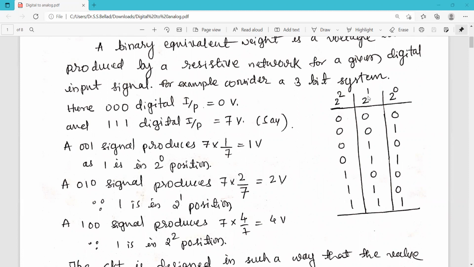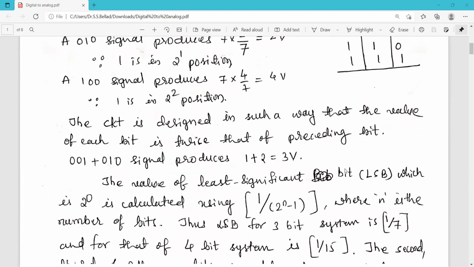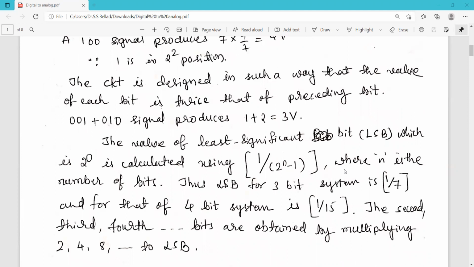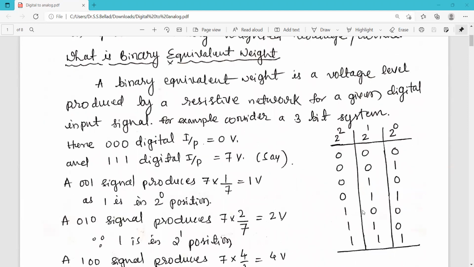This 2 raised to 1 is referred to as the first MSB, and this is simply called the MSB, that is the most significant bit. That means this bit will have the highest binary equivalent value. So that is the meaning of MSB and LSB.